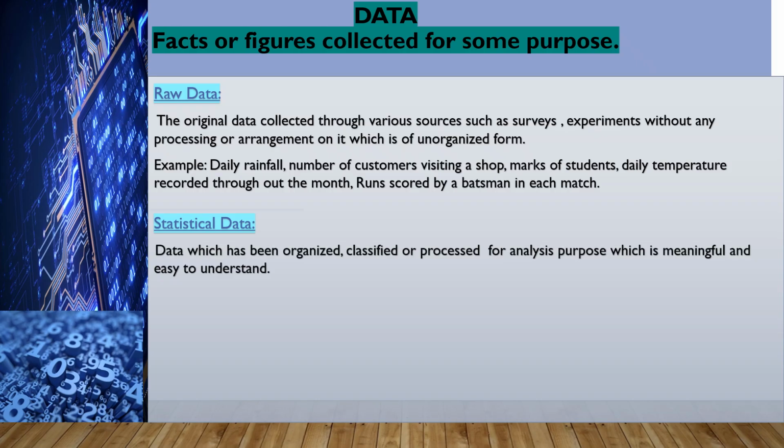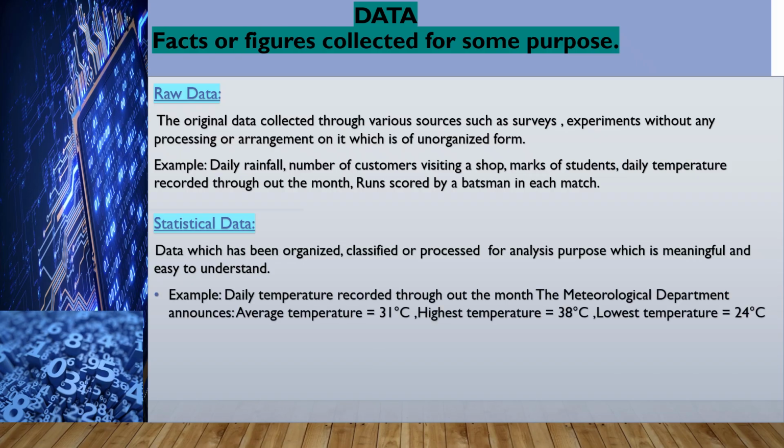Statistical data is the data which is organized, classified or processed for analysis purposes, which is meaningful and easy to understand. A few examples: the data collected of daily temperature throughout the month. The meteorological department can announce different parameters out of it.